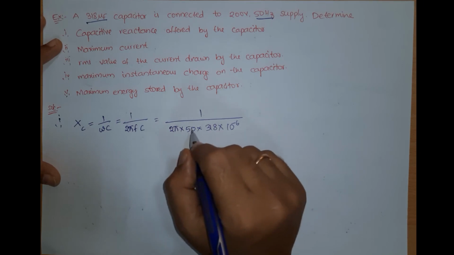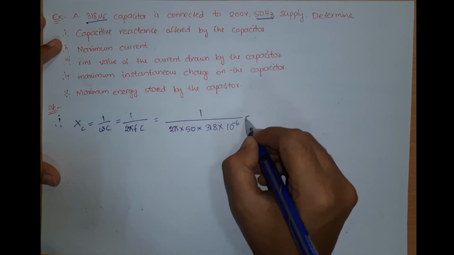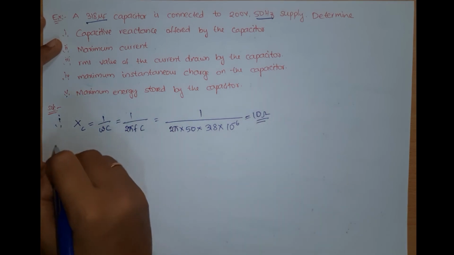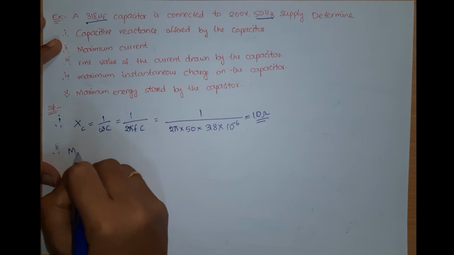If you calculate all these, you will get nearly 10 ohms as the capacitive reactance.